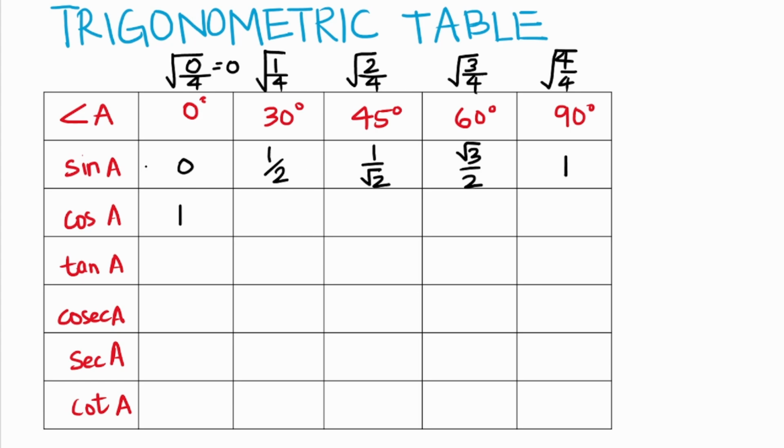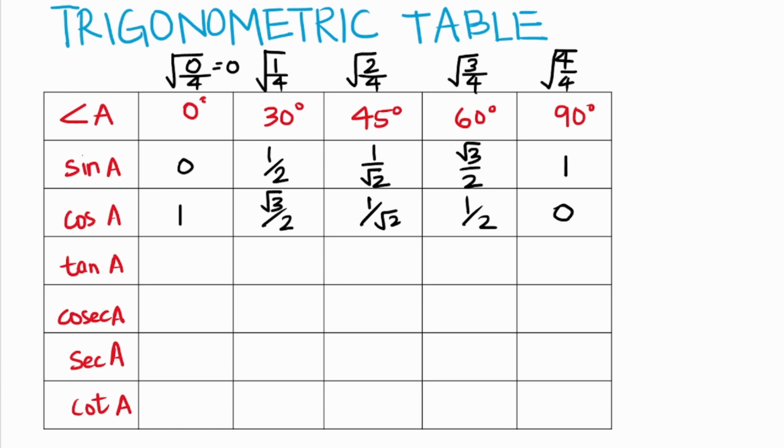That is, you start with 1, then next we write root 3 by 2, then 1 by root 2, then 1 by 2, then 0. This is how you write cos values. Cos 0 is 1. Cos 30 is root 3 by 2. Cos 45 is 1 by root 2. Cos 60 is 1 by 2, and cos 90 is 0. This is how you write it.